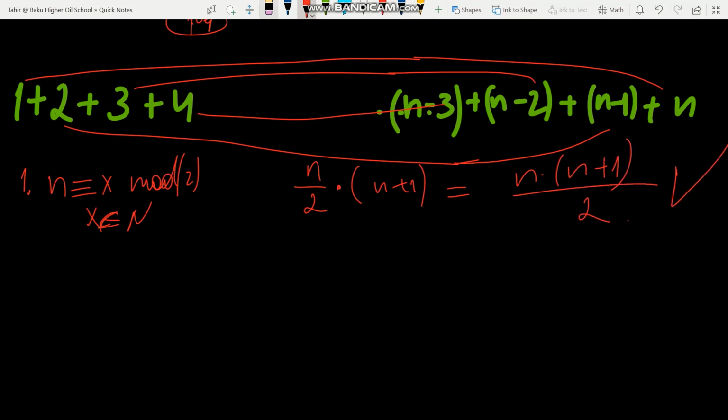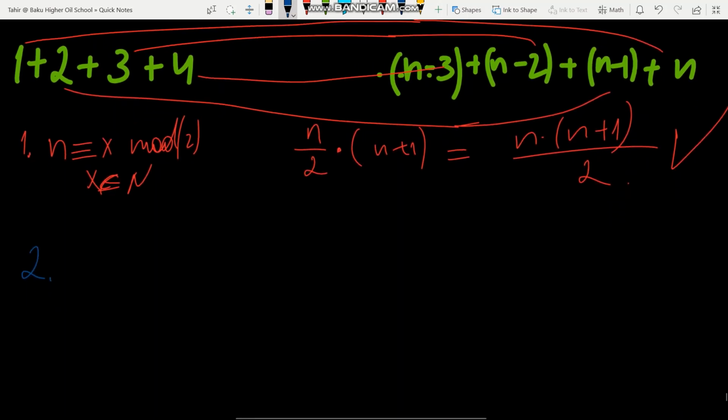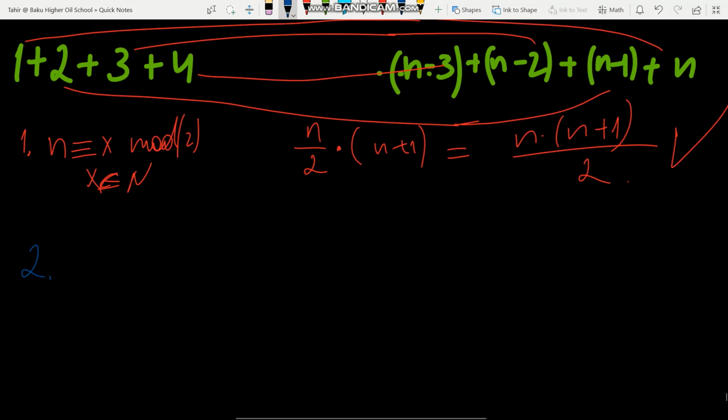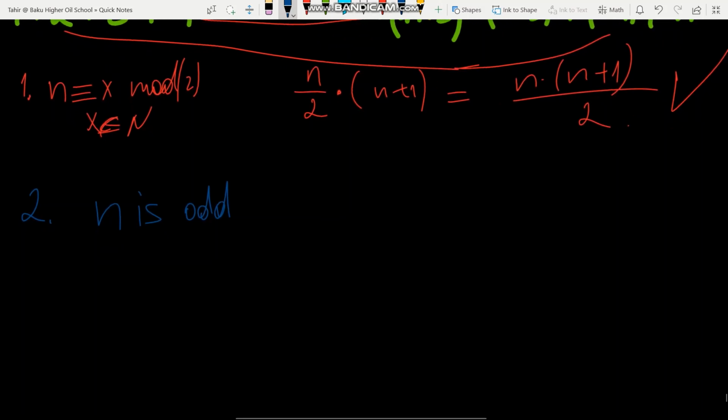And it's very interesting that in the second case, when we analyze the proof for n being an odd number, whether we will get the same formula or not. This is very interesting actually. Let's start. 1 plus 2 plus 3, the first 3 terms, and the last 3 terms, n minus 2 plus n minus 1 plus n.